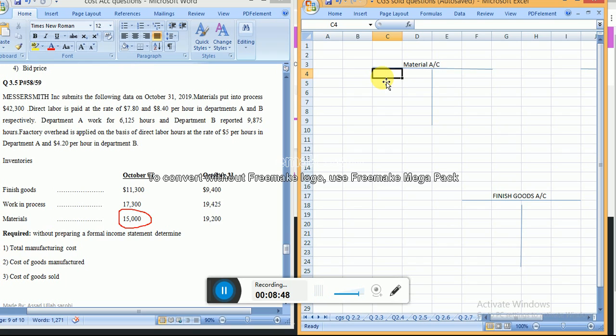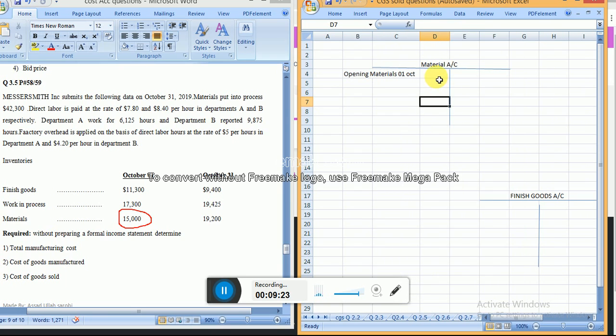So we will record here this material as an opening or beginning material for the month of October, meaning on 1st October, and the amount of this is $15,000.